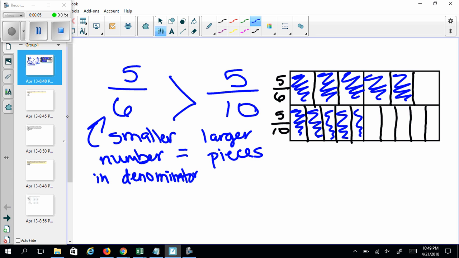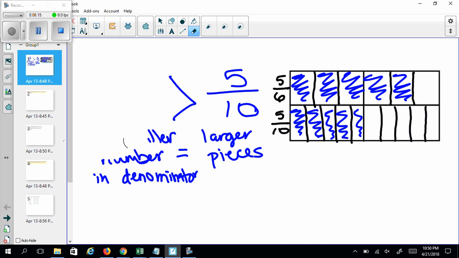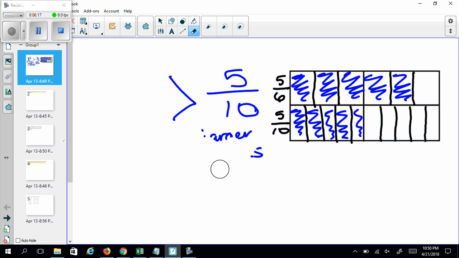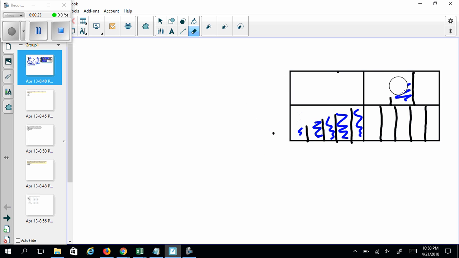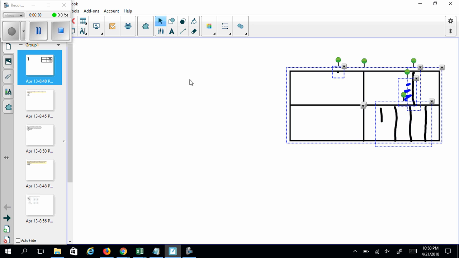So, taking a look at that option, now there is another that we need to look at, and that is if the denominators are the same. Okay? So, if your denominators are the same, that's actually a lot easier than if you had the numerators being the same.